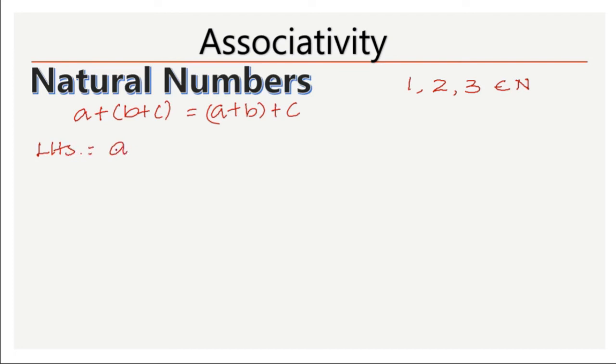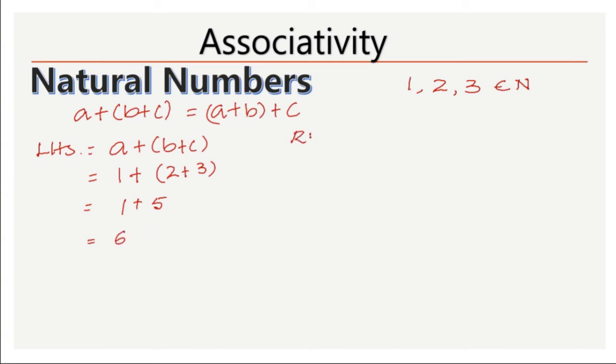So let me consider the left hand side. The left hand side is A plus (B plus C), so 1 added to the sum 2 plus 3. Within the bracket we have 2 added to 3. This becomes 5. 1 plus 5 is equal to 6.